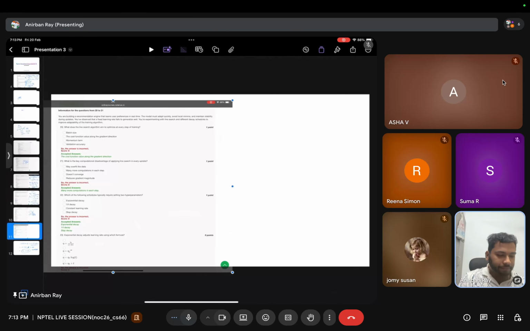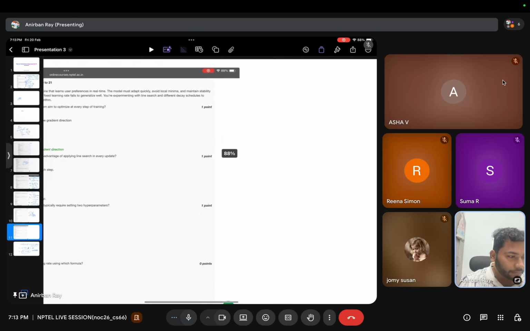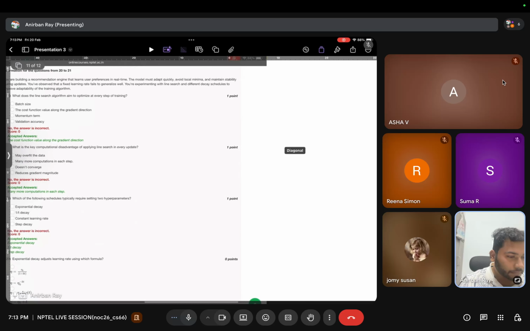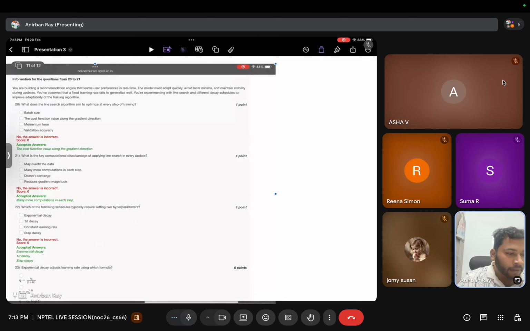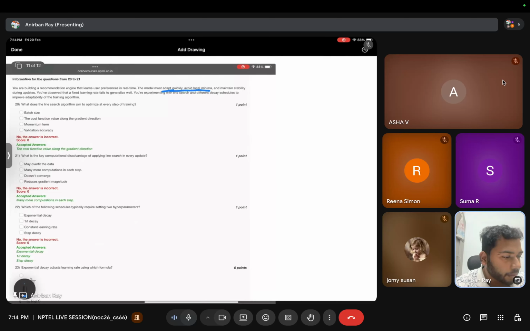Okay, so let's see this. A recommendation engine that learns user preference in real time. It is a classification problem. The model must adapt quickly, avoid local minima, and maintain stability during updates. These are the requirements.